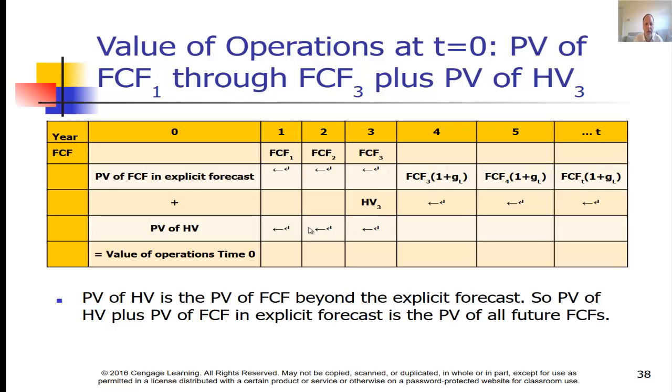We will discount all of these back to year 0 to get the present value of the first 3 uneven cash flows in year 0, plus the present value of the horizon value in year 0, and that will equal the value of operations at time 0, or today.